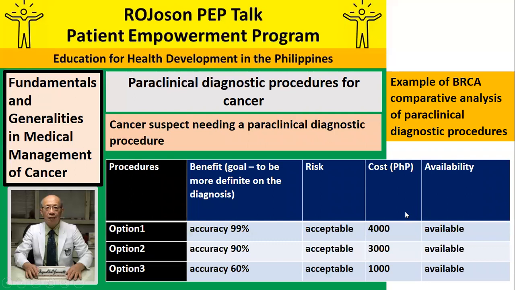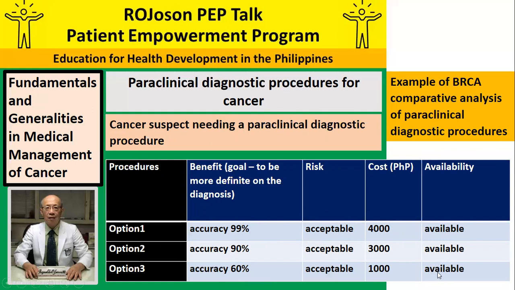So examples of comparative analysis of paraclinical diagnostic procedures. Okay. So list down the options, 1, 2, 3, and then list down the benefits for each of the options. Example, accuracy is 99% for option 1, 90% for option 2, and 60% for option 3. Example, the risks are all acceptable, but the cost is 4,000 for option 1, 3,000 for option 2, and 1,000 for option 3, assuming that all are readily available.